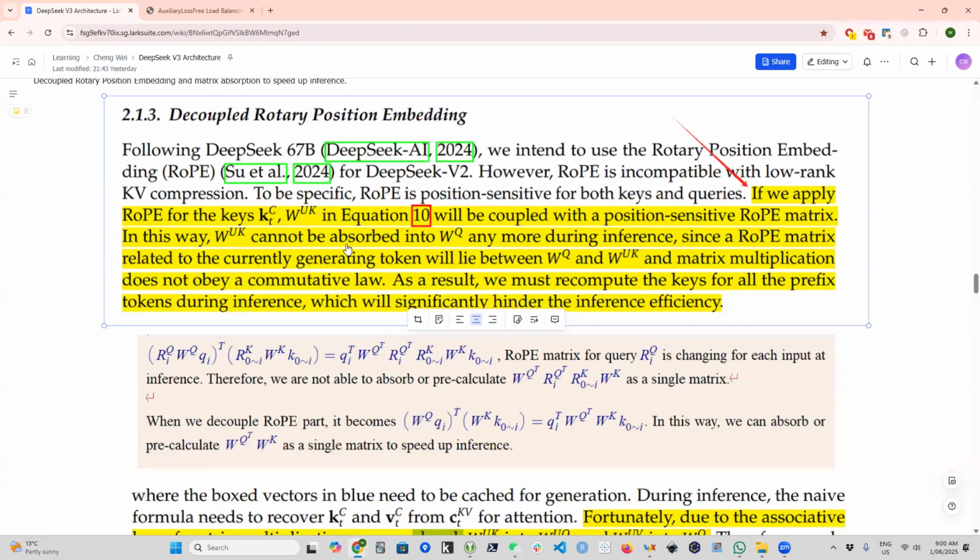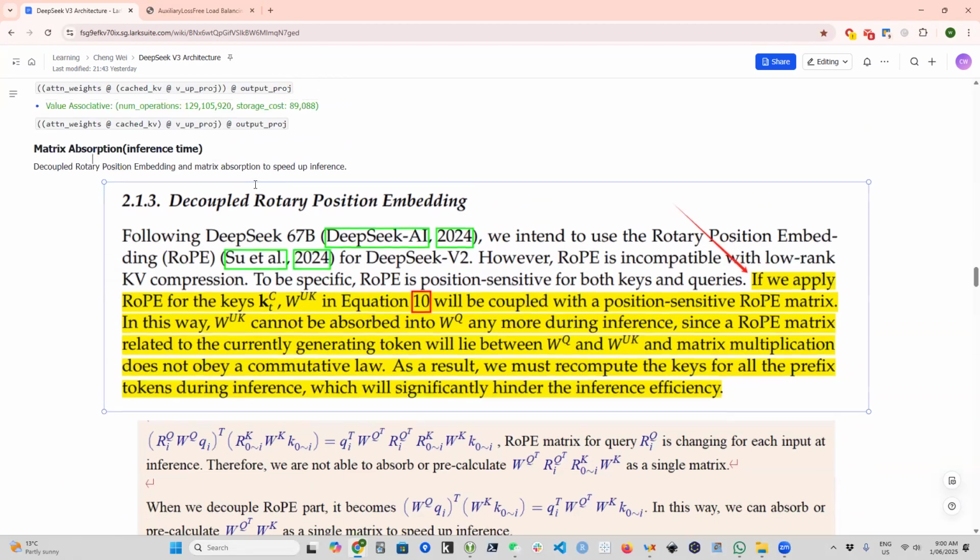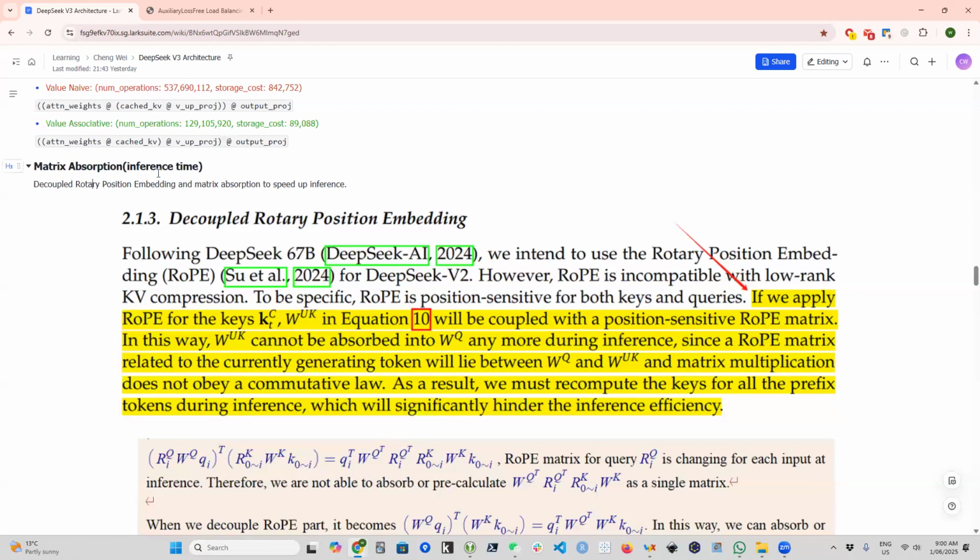So what it's saying is, for example, Q_i here: if we are processing this sentence, Q_i is the first time where, the second time the, then the third time boxed. So this i keeps changing. This whole optimization is for inference time only, not for training time.